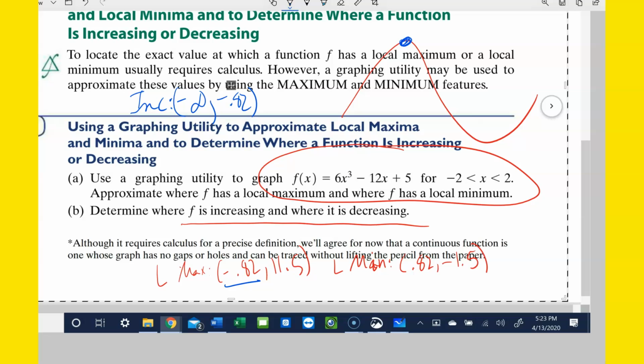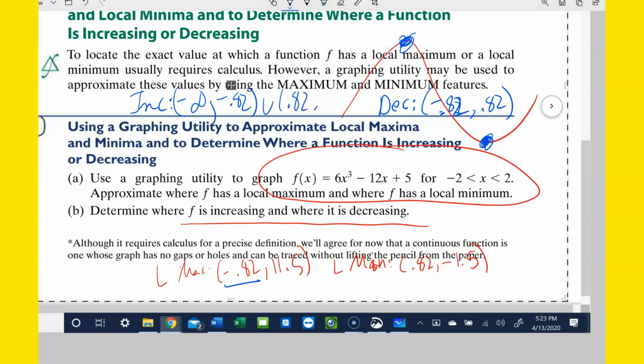And I have an interval of decrease from that point to that point, which would be -0.82 to +0.82. Then I have an increase again from +0.82 to infinity.